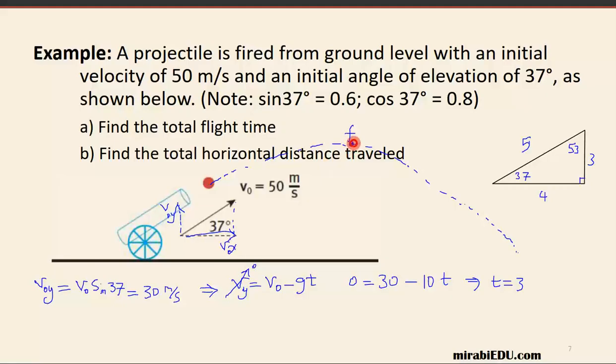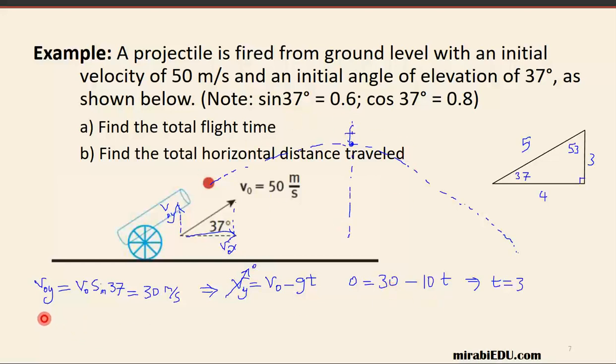Another 3 seconds will take it to fall down because it's a parabolic path. And of course, this is the peak point, where we have a line of symmetry for this parabola.